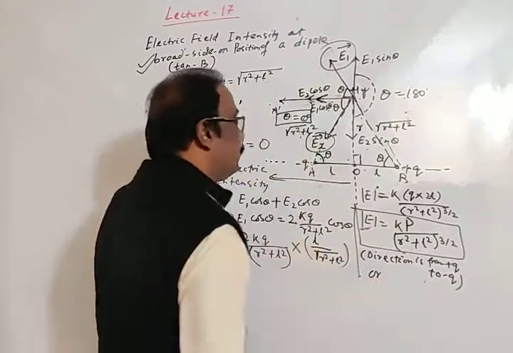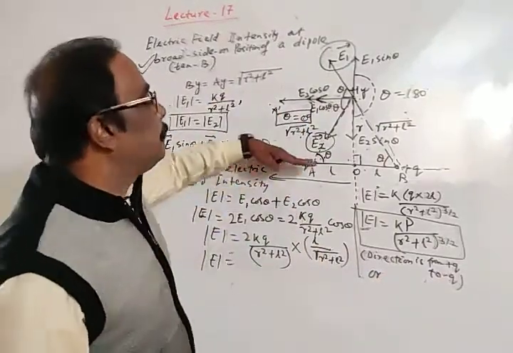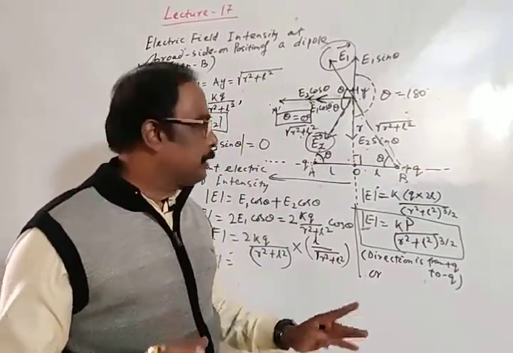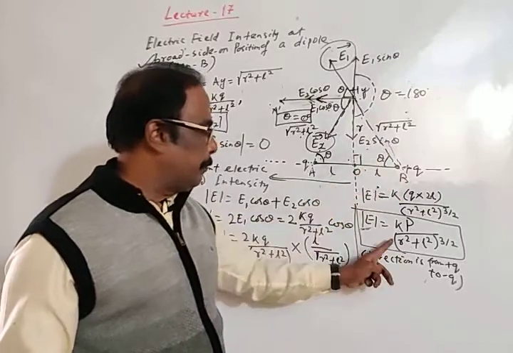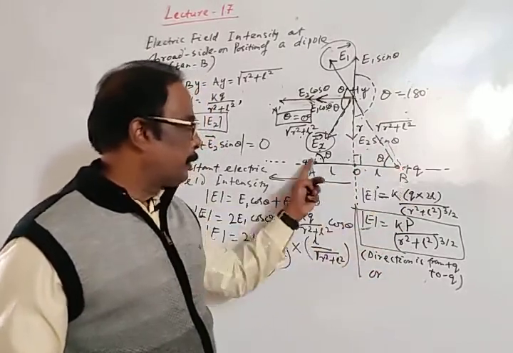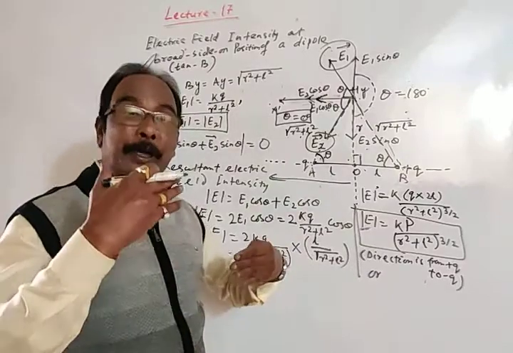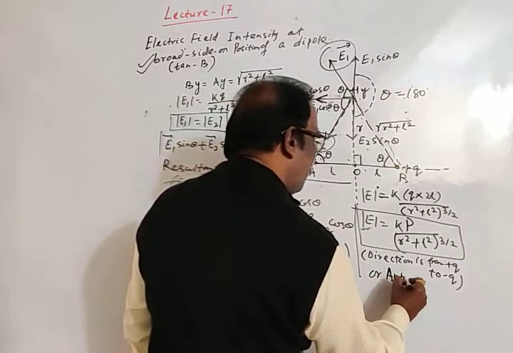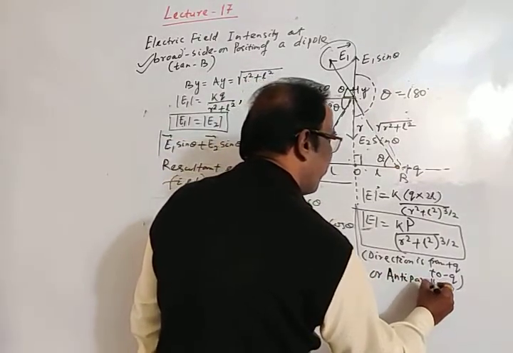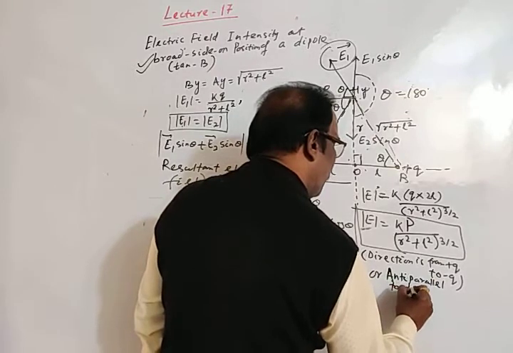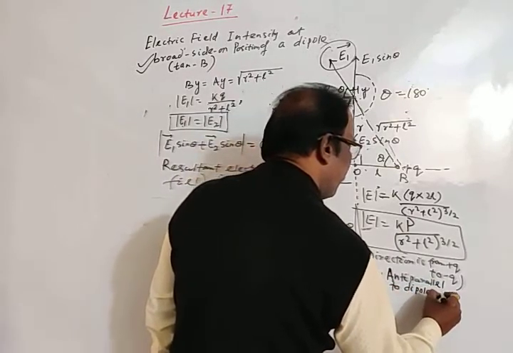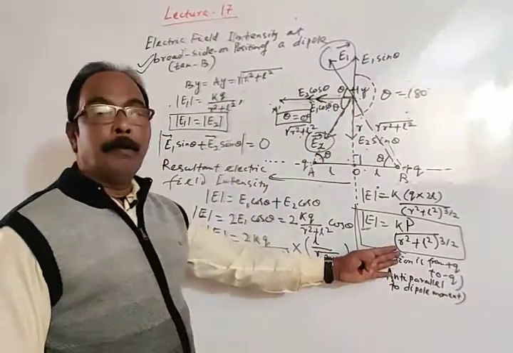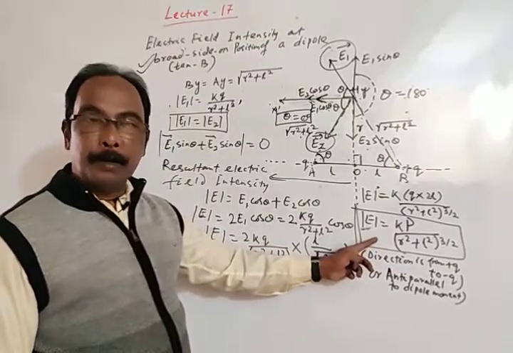The direction of the dipole moment is from minus q to plus q, as our convention in physics, but here we get the direction of this electric field intensity from plus q to minus q, which is opposite to the direction of the dipole moment, or we may write anti-parallel to dipole moment. Okay, so this is for an electric dipole. Also we will get numericals on this formula.